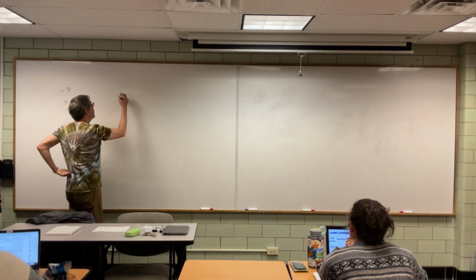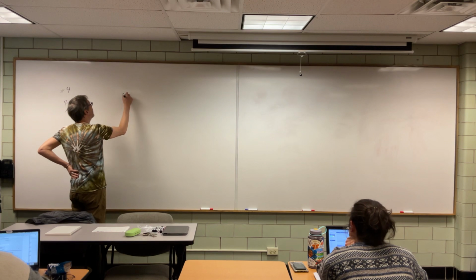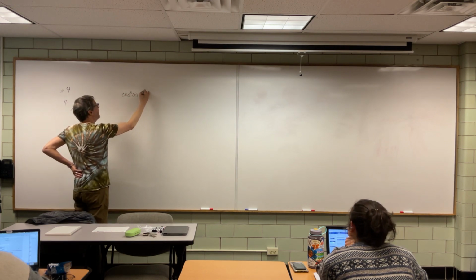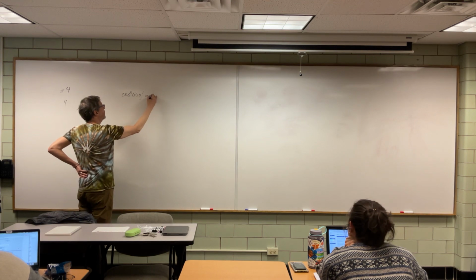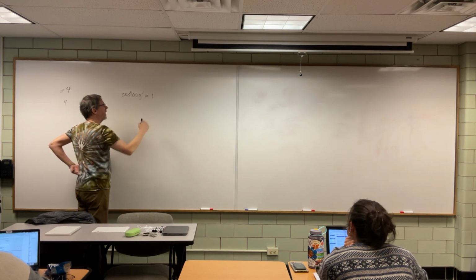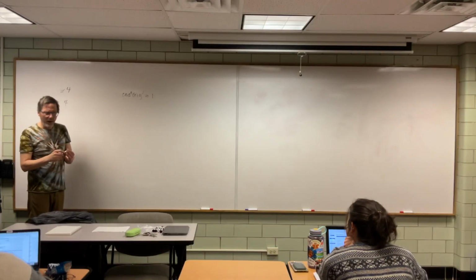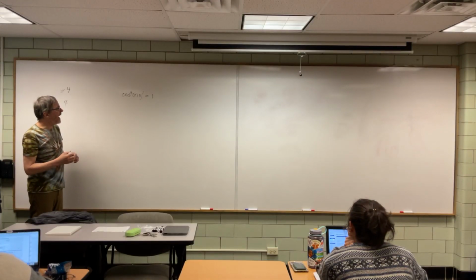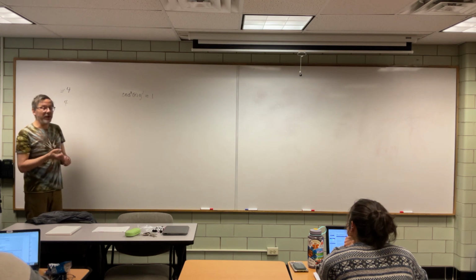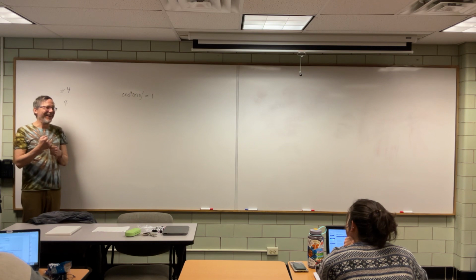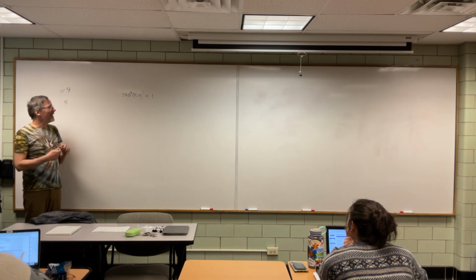So number 4, at least Kitra's version, was something like this. I think it was just 1 over here, right? Yeah, okay, cool. It asks questions that I certainly didn't prepare you for with just what we talked about in Monday's lecture.